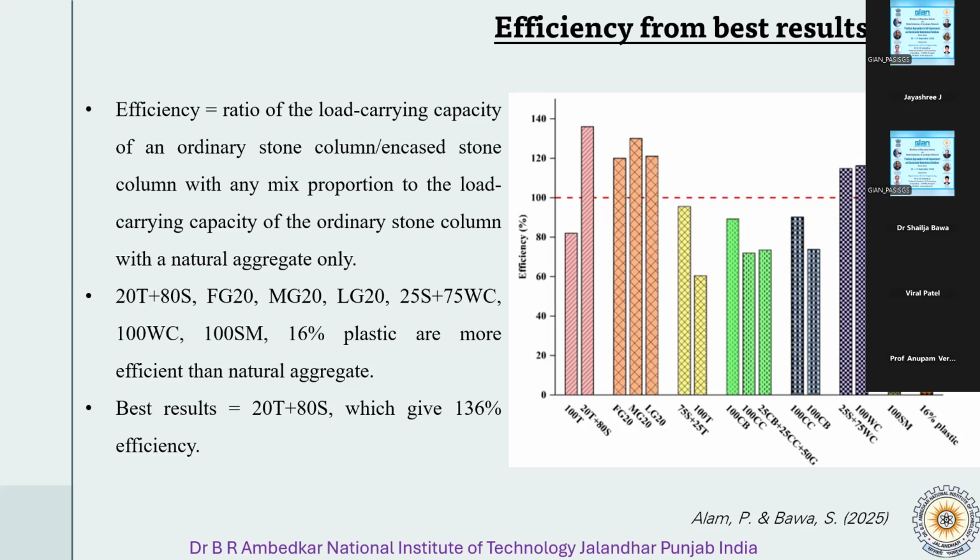Okay, so here you can see that 20% tires with 80% natural aggregates, and replacement of fine, medium and large size by 20% tire, 25% waste concrete, 100% waste concrete, and 100% silica manganese slag. These are more effective, and 20% tire with 80% natural aggregates gives the best result.